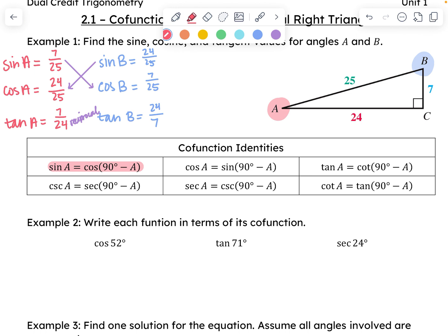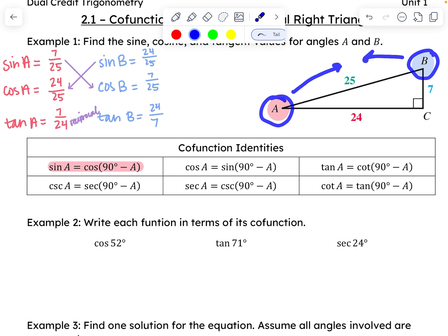So if angle C is 90 degrees, then angle A and angle B together have to add up to 90 degrees to get to that 180 for the whole triangle. That means they are complementary angles, and they fit into this cofunction identity right here.